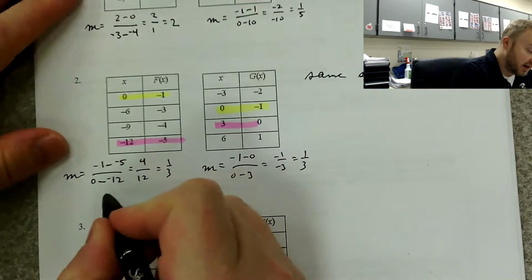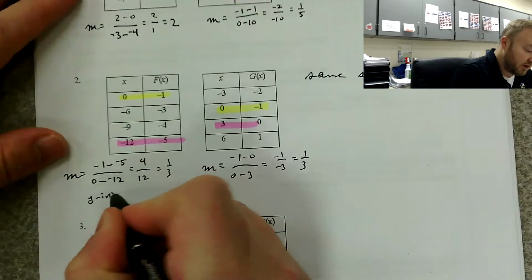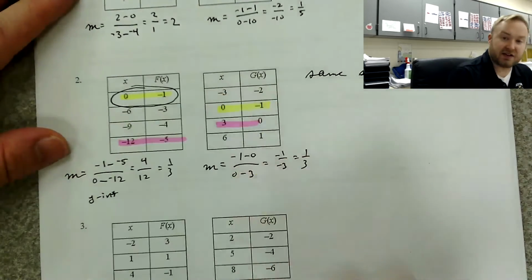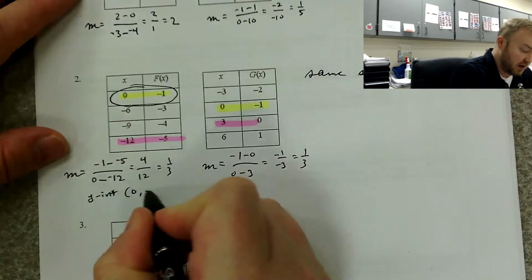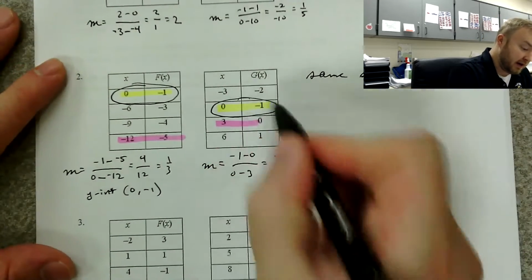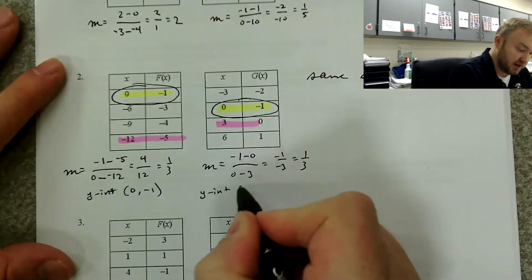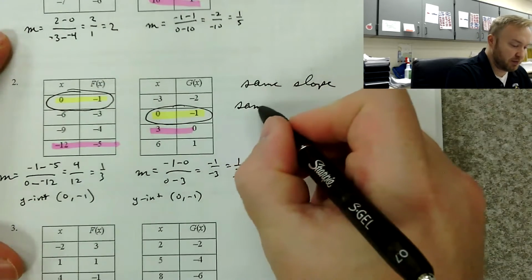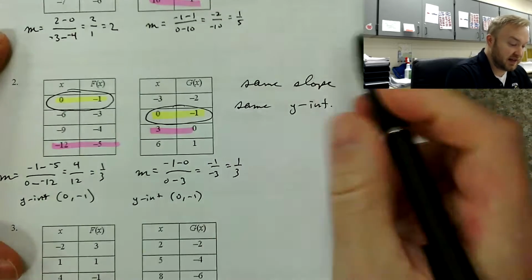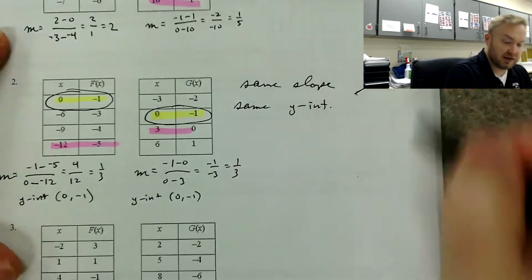Okay, y-intercept for f of x. Remember, the y-intercept is the point whose x-coordinate is 0. So here the y-intercept is 0, -1. And here the y-intercept is 0, -1. These have the same slope, same y-intercept. That means these two lines are exactly the same.